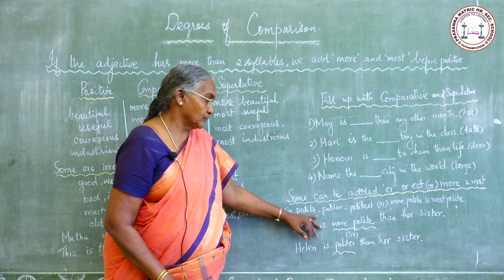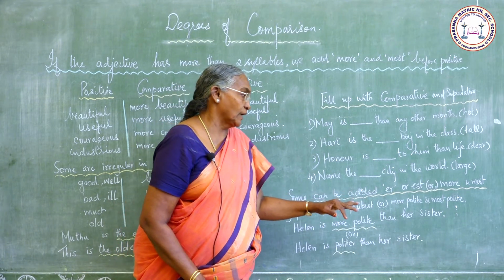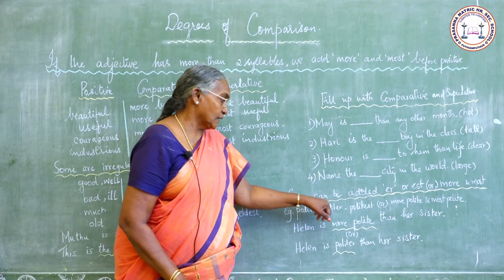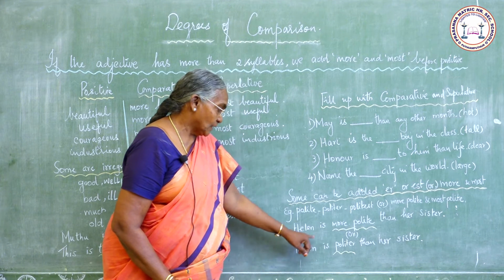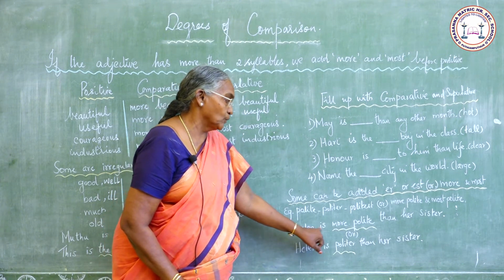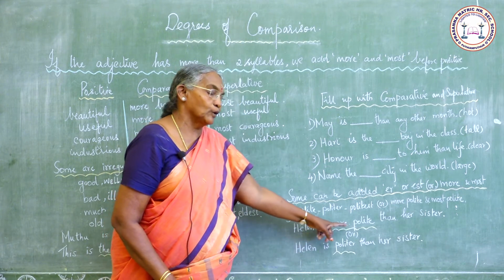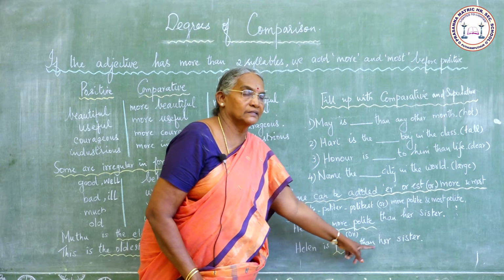Polite positive, more polite comparative, most polite superlative. Like that, polite positive, politer comparative, politest superlative. Example, Helen is more polite than her sister. We can say Helen is more polite than her sister, or Helen is politer than her sister.